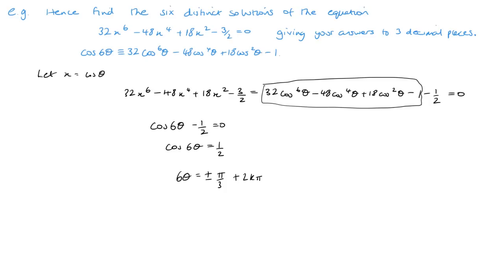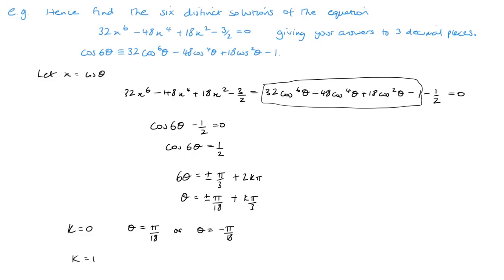Now I've got 6 theta, so if I want to find what theta is, I'm dividing by 6. So plus or minus pi over 18 plus k pi by 3. So first plug in k equals 0, we get theta equals pi by 18, or theta equals minus pi by 18.